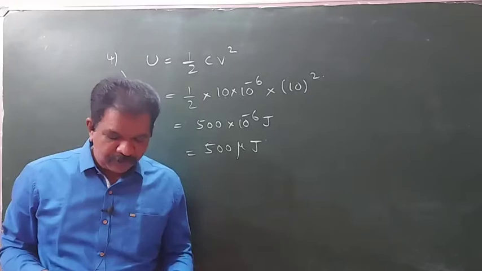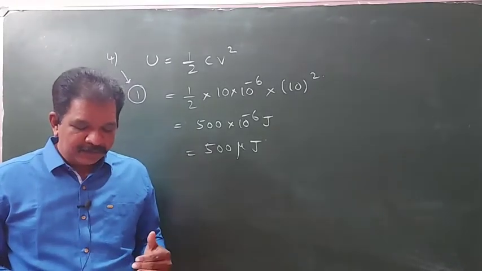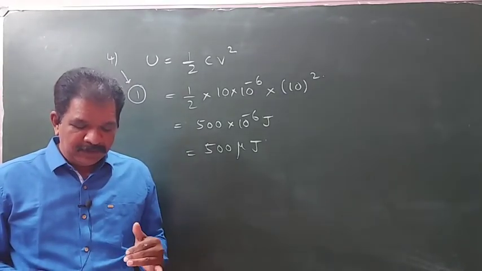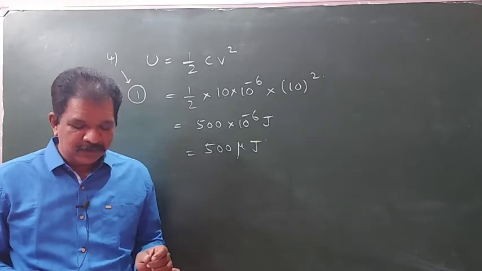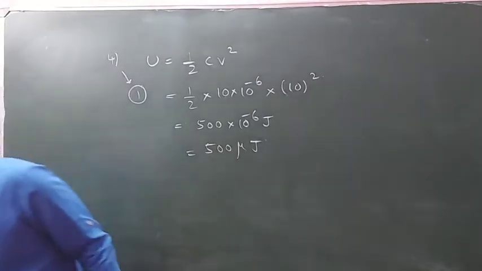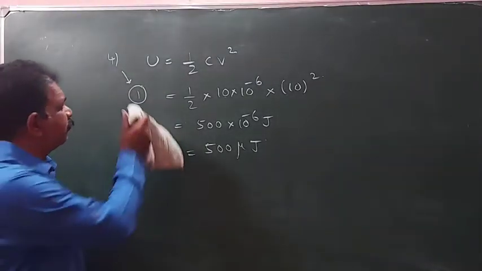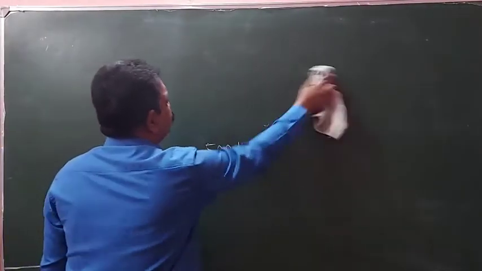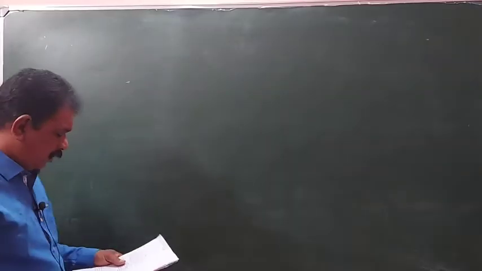Next, fifth one. In the diagram, the PD between A and B is 60 volt. The PD across 6 microfarad is how much? Okay. So, fifth one.